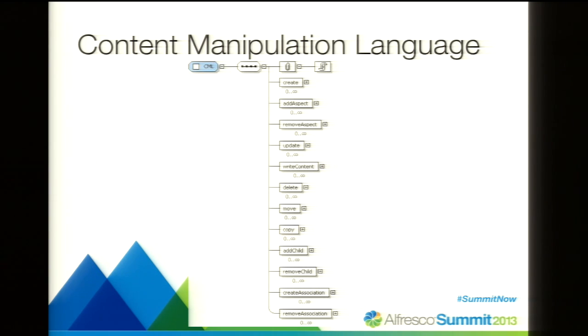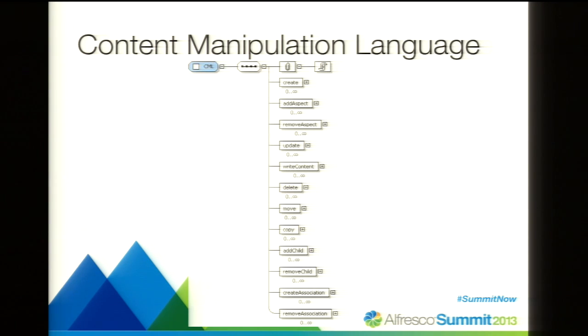So imagine an enterprise service bus scenario. Typically, you have the message that will be exchanged between different providers, and the message must include all the operations, all the functionalities that you want to invoke on Alfresco.